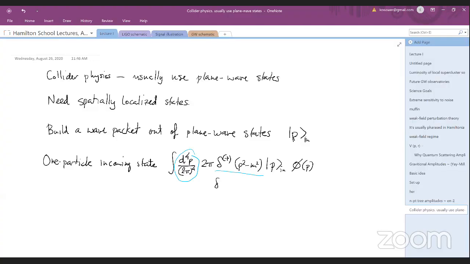And just as a reminder, the plus means you take the positive energy solution out of the two solutions to the delta function.